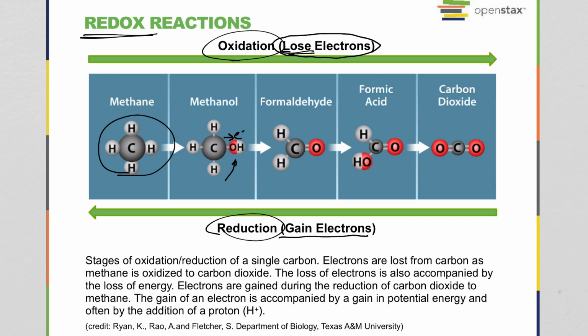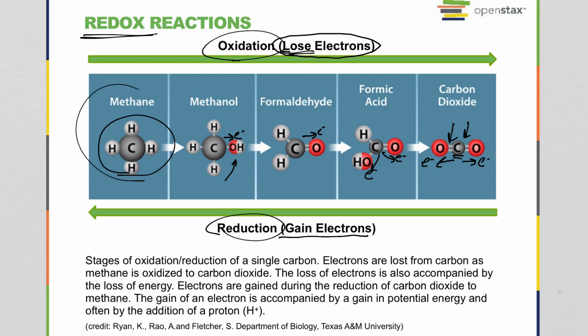And this O2 with a double bond pulls electrons away even more. We start adding more oxygens, carbon's losing more and more and more electrons until we finally get to this CO2 where there's a very, very strong pull, and the oxygens wind up pulling those electrons away from the carbon so much that this is a very, very oxidized state, right? Carbon hasn't completely lost the electrons, but in these bonds with oxygen, the electrons are shifted towards the oxygen so much that we say it's in a much more oxidized state, right?